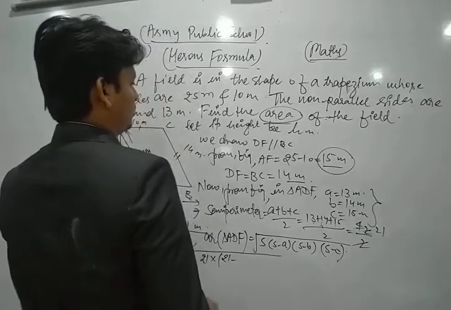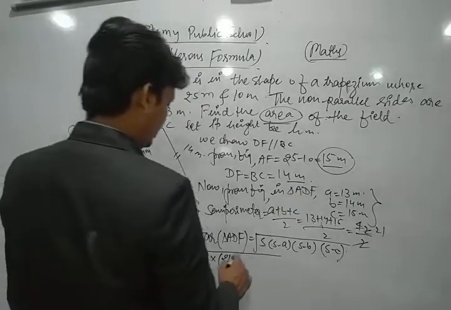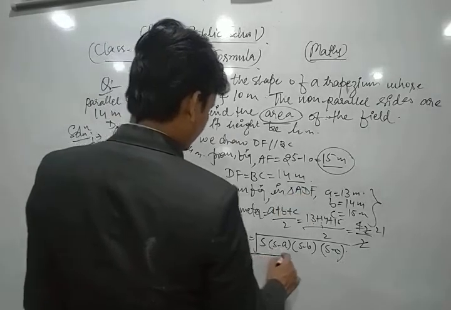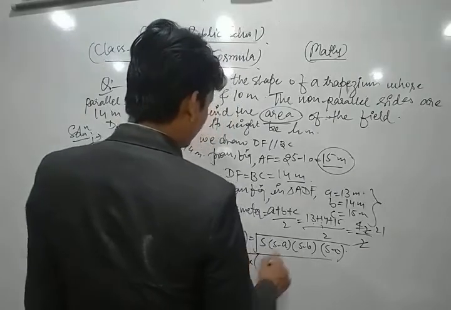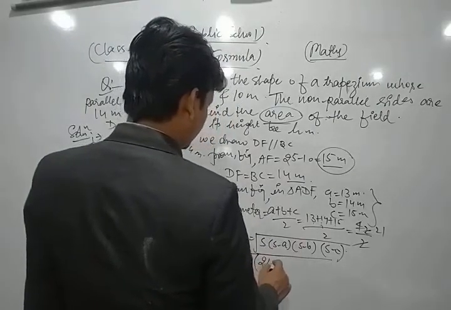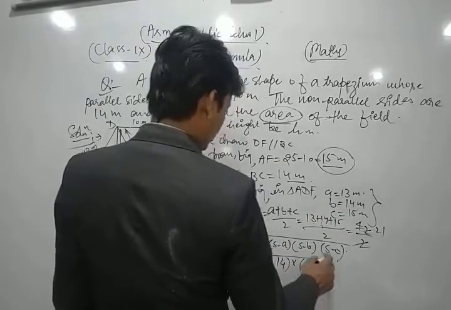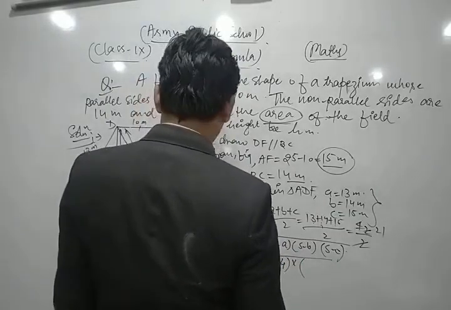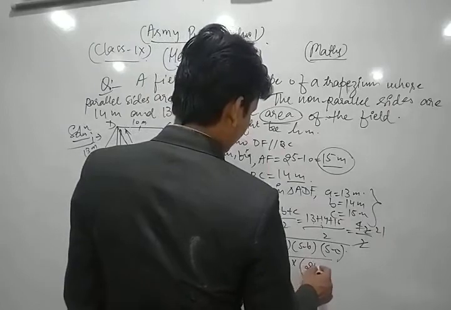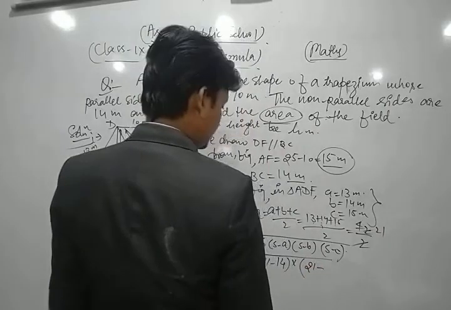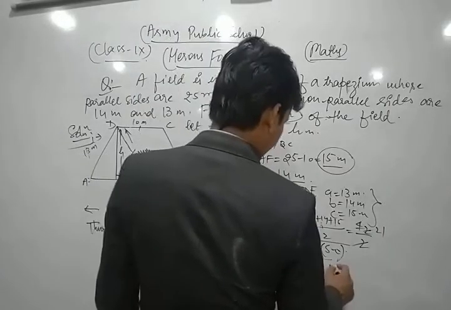21 minus a is 13. s minus b, that is 21 minus b, is 14, into s minus c, that is 21 minus c, is 15.